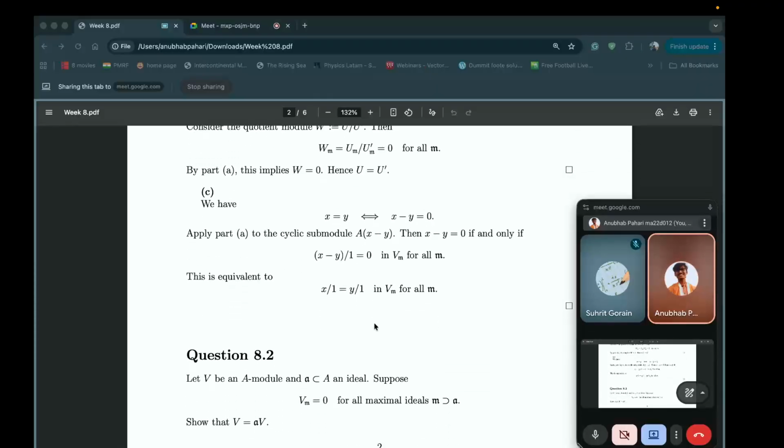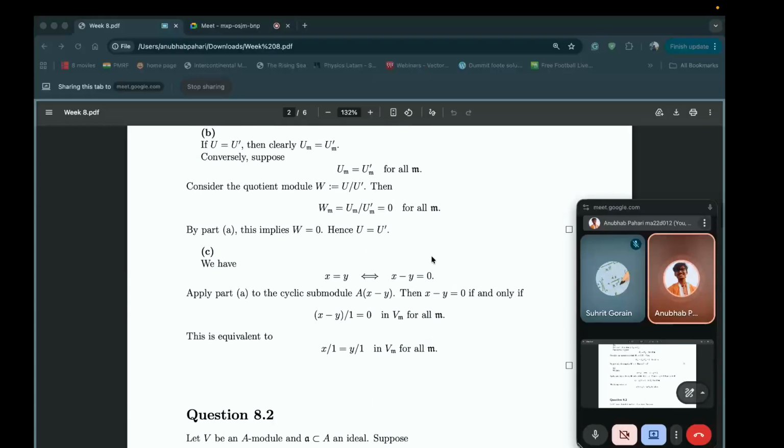So x equals y is equivalent to saying x minus y is 0. Now if you apply part A to the cyclic submodule generated by x minus y, then x minus y is 0 if and only if (x minus y)/1 is 0 in V_m for all maximal ideals m.